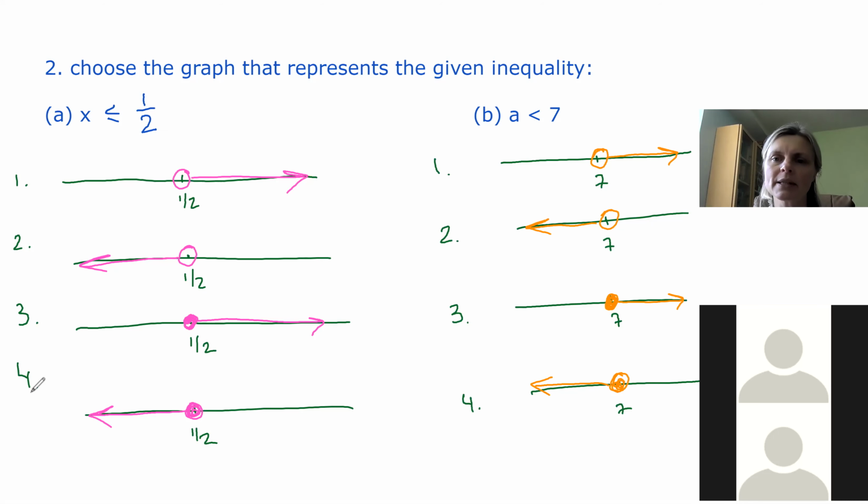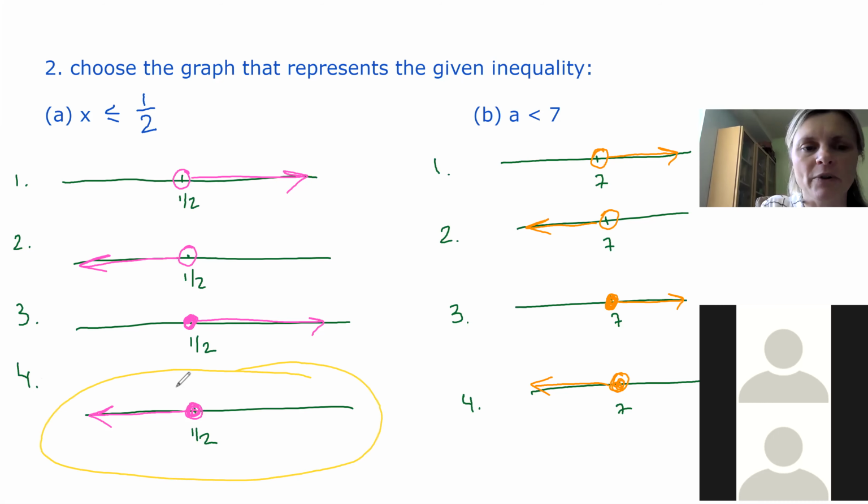Because 1/2 is included. Now, when it says that X is less than 1/2, it means that we need to take the part of the number line to the left of the half, because all the numbers to the left of 1/2 on the graph will be smaller, right? So that's why we will be taking exactly this for the answer, because when we go to the left of 1/2, somewhere we'll get the value of 0, and then it's negative 1/2 and so forth, right?